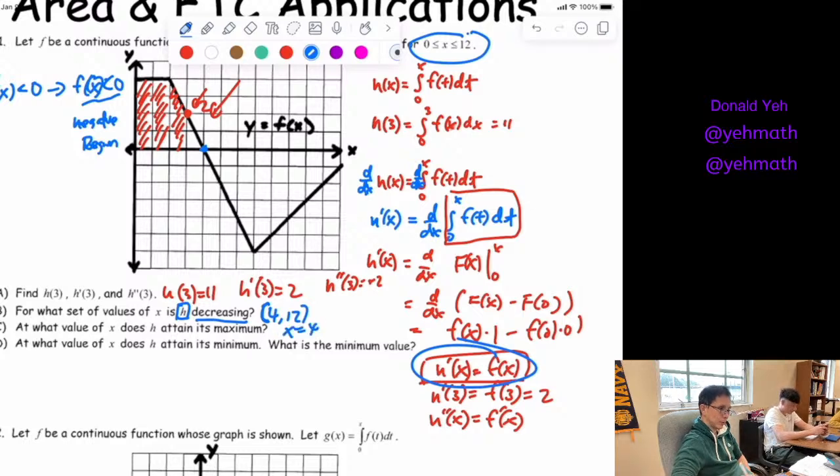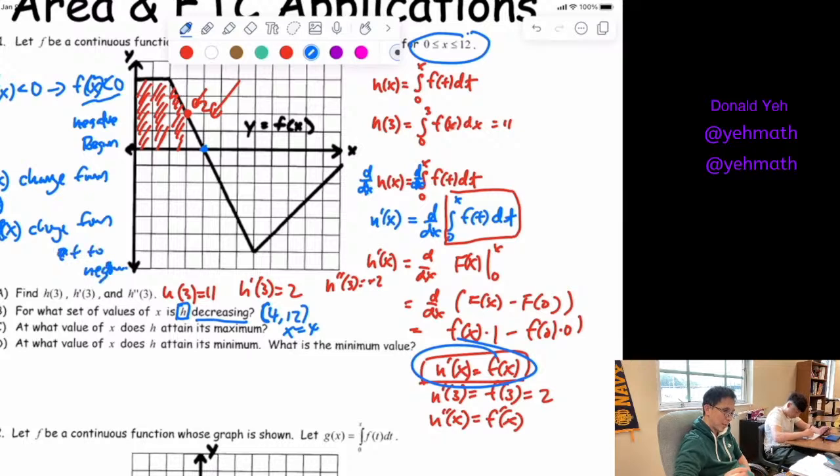That's when h prime goes from increasing to decreasing. h prime of x and f of x change from positive to negative. So this is f of x changing from positive to negative. And that's how you justify something. You say it's x equal to 4.